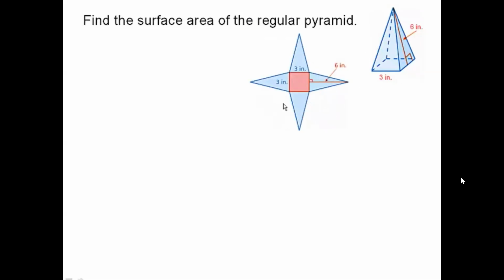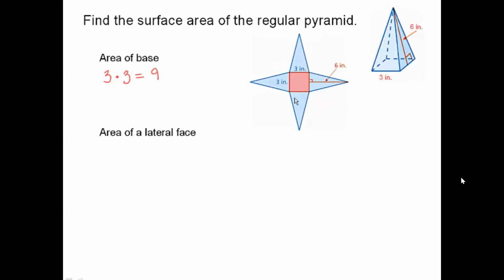So now that we have the net, we can find the area of each of the figures that make up the net. So first let's find the area of the base, which is this center polygon. To find the area, we multiply 3 times 3. So we have a square as the base, and 3 times 3 is 9. So now that we have the area of the base, let's find the area of one of the lateral faces.